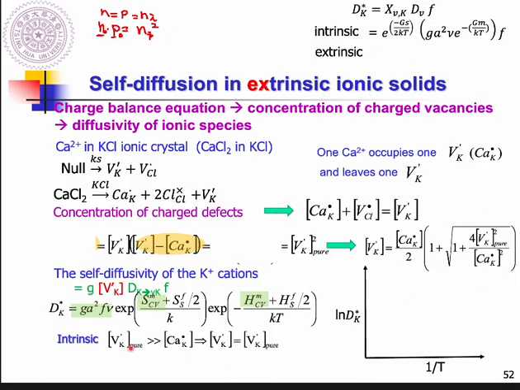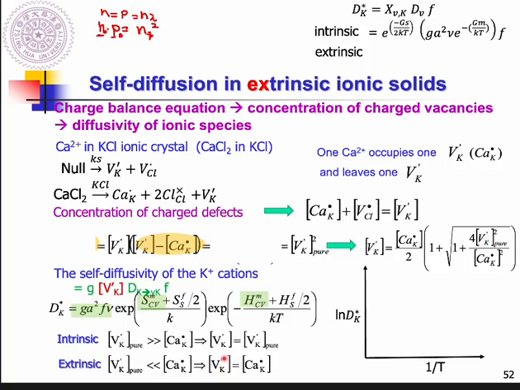However, if the Vk prime in intrinsic ionic solid materials is much larger, how about the dopant? We try to increase the dopant concentration so the dopant is much higher than the Vk prime in intrinsic ionic solid material, which means there are no dopants.